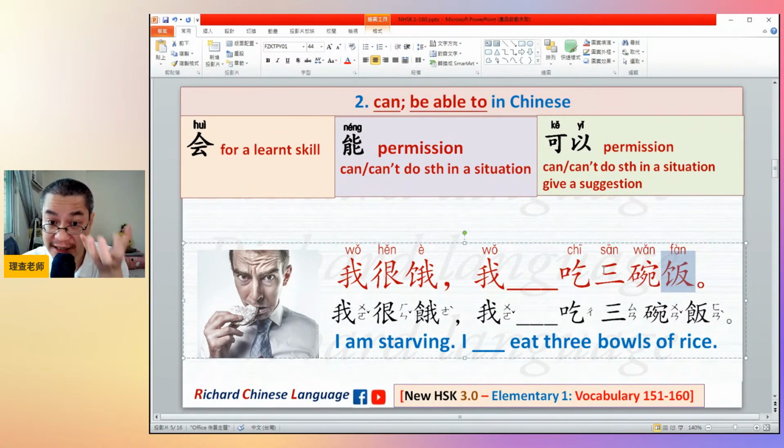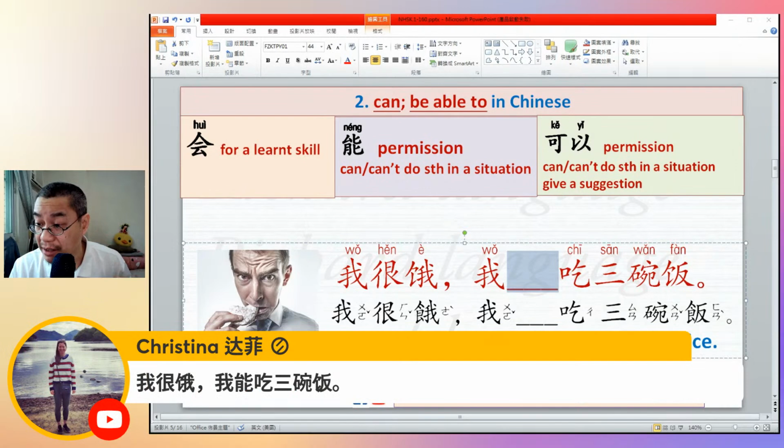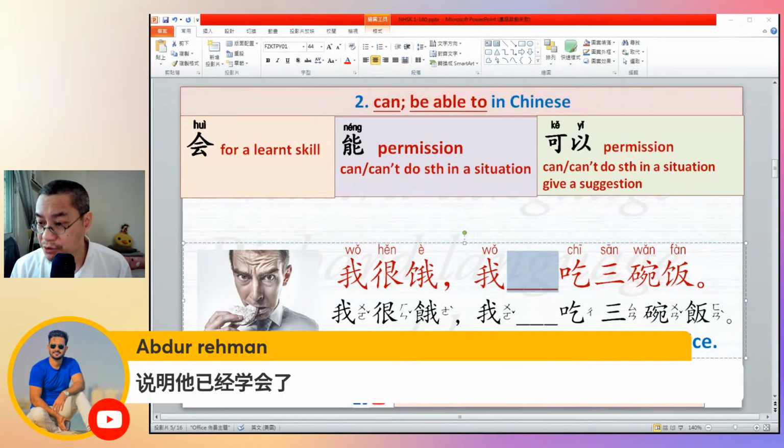Okay, cooked rice 饭。3碗饭 means 3 bowls of rice. So which word should we use here? 我很饿。我吃3碗饭。Okay, 我很饿。我能吃3碗饭。Very good.